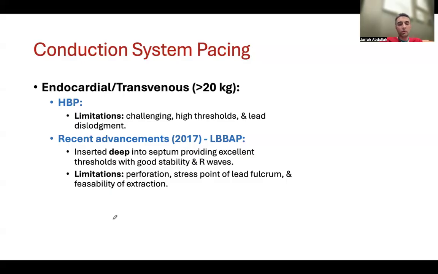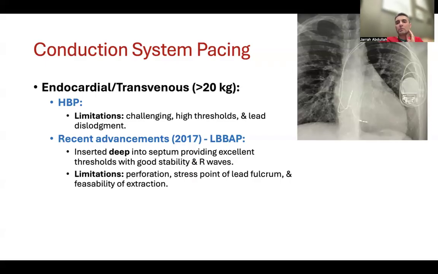Usually the thresholds are low, the lead is very stable because it's embedded in the ventricular septum, and the R waves are large. Limitations: it can obviously perforate into the left ventricle, and the lead is usually under stress, and I'll show you why in a second. People also wonder whether it's possible to extract them after many, many years. It's a recent advancement, so we don't have long-term data.